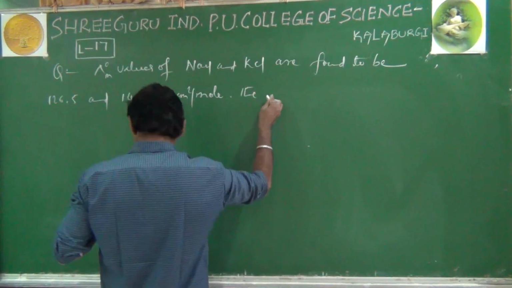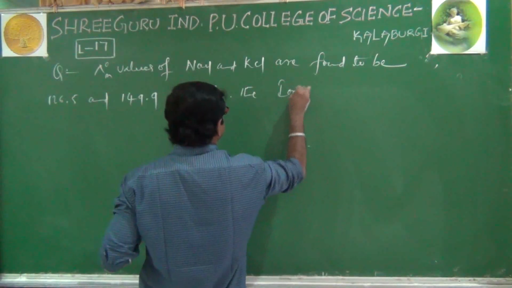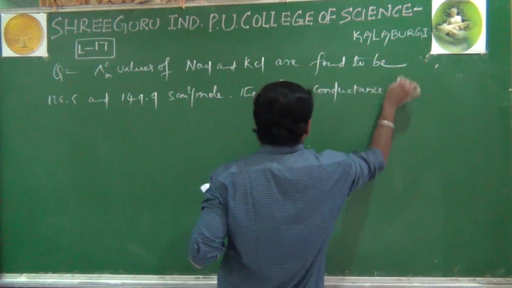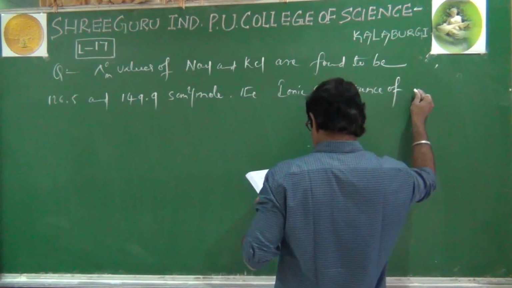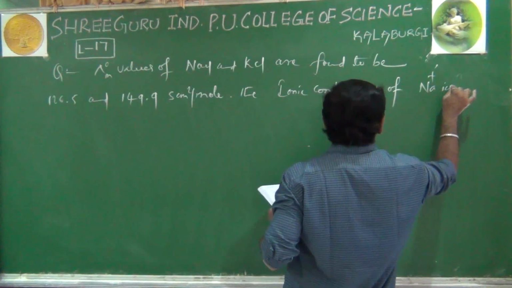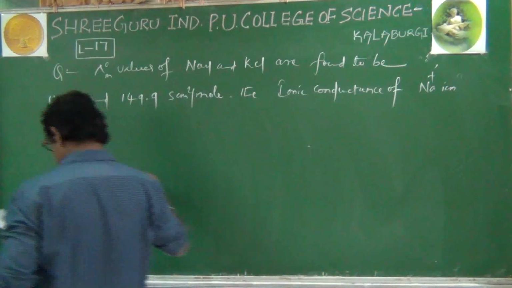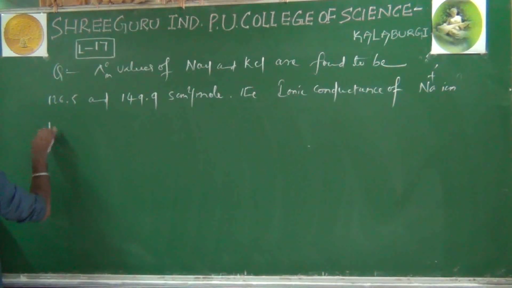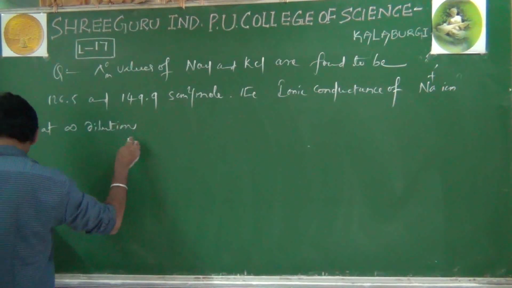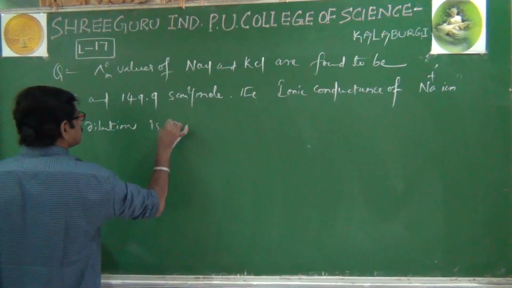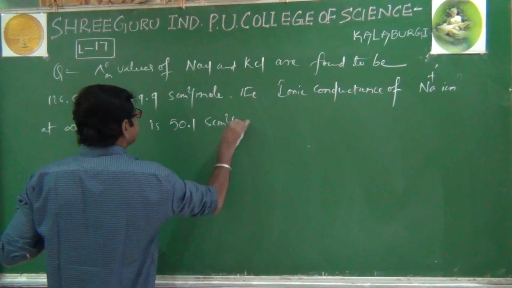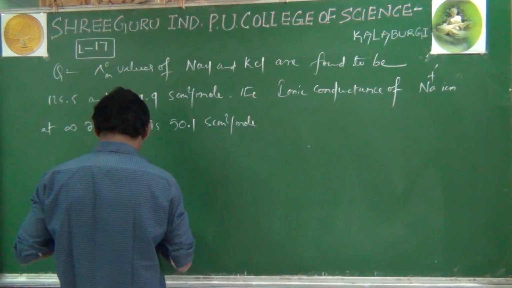The ionic conductance of Na plus ion at infinite dilution is 50.1 Siemens centimeter square per mole.